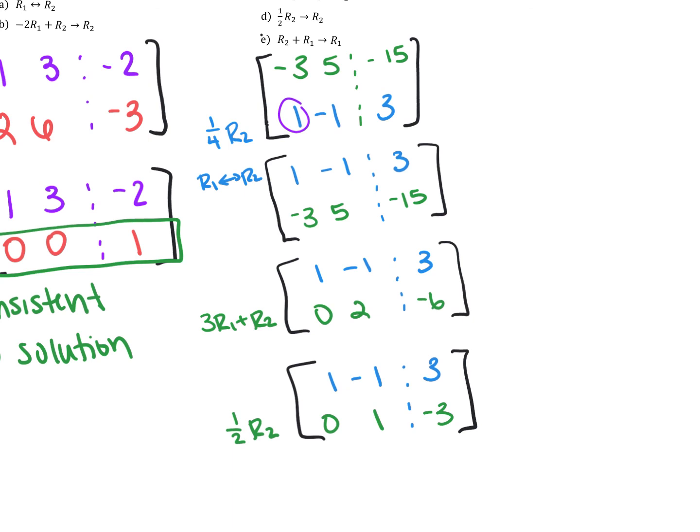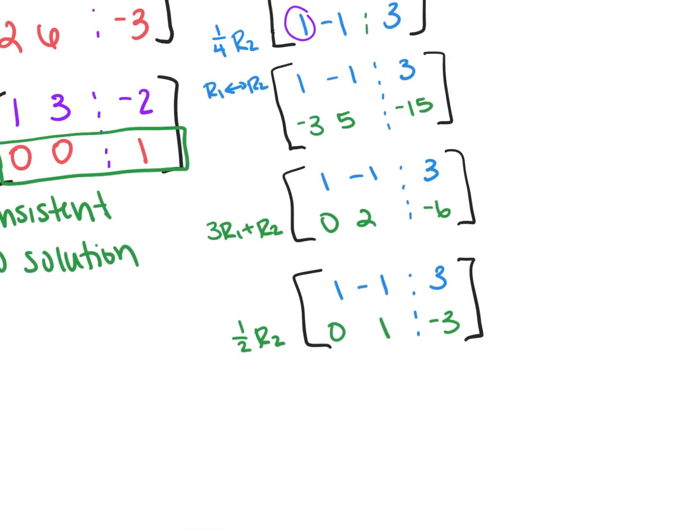And the last step, to get this in reduced row echelon form, I need a 0 sitting up here. So I need to add a row to get there. I'm going to add this bottom row to the top row and make that the new R1. The bottom row, 0, 1, -3, is not going to change.